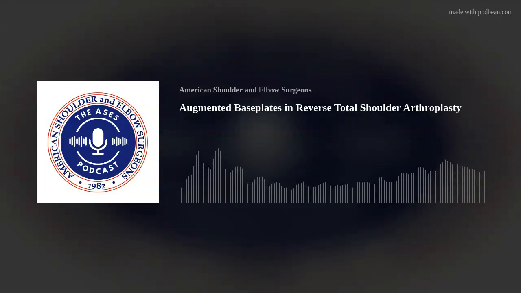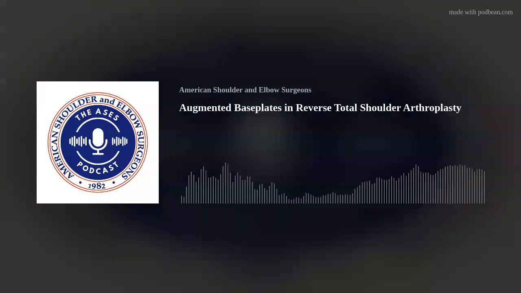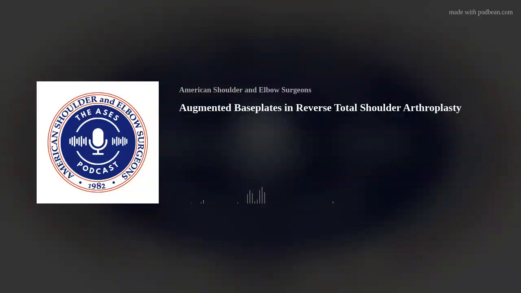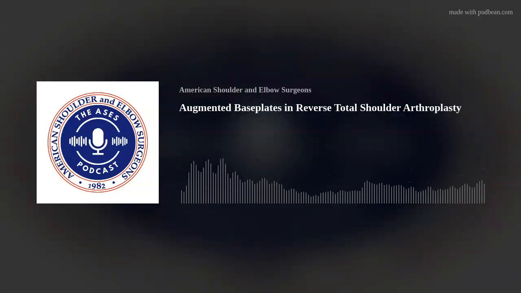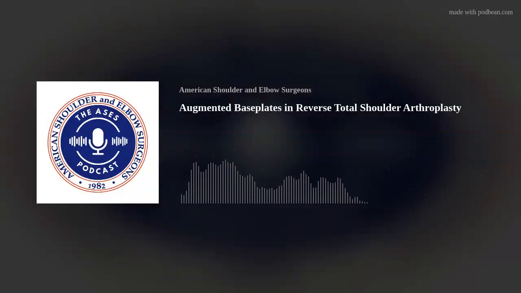I'm planning to use an off-the-shelf base plate. I will tilt down to try and get to 0, maybe 1 superior, 2 superior, or definitely down to around 0, so decreasing about 10 degrees of inclination to minimize instability, which I think is one of the highest risks in this patient. Version, I'll just keep it where it is, and I don't want to over-ream.